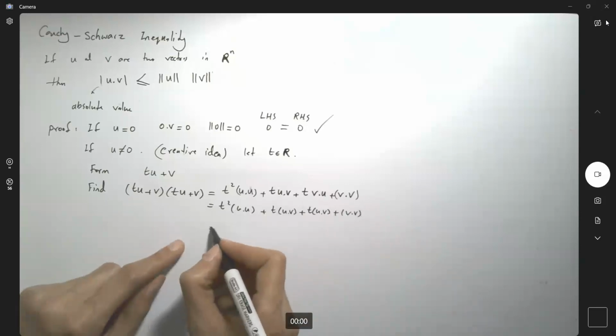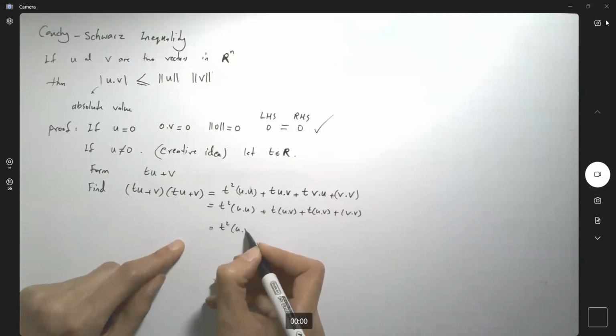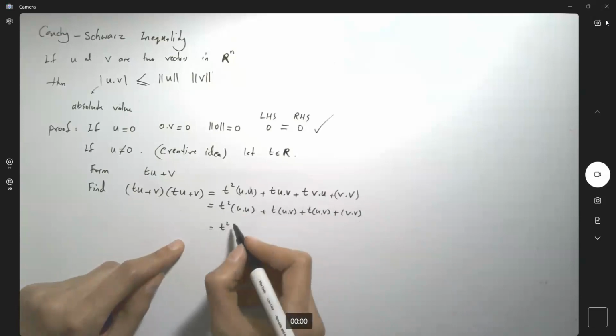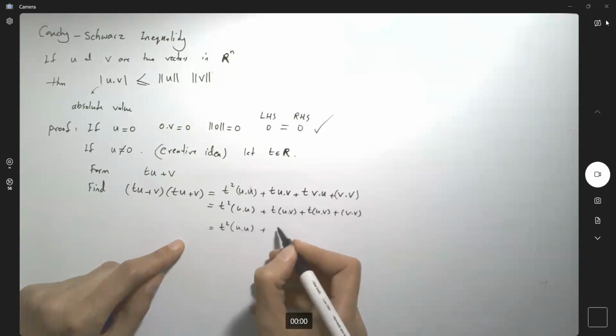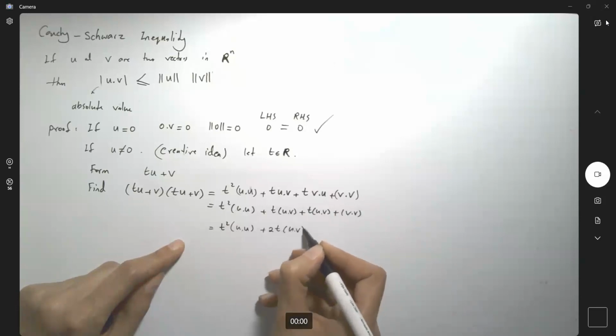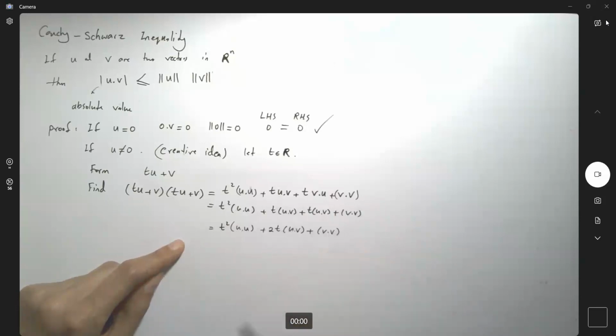This can be written as t squared u dot u plus 2t u dot v plus v dot v.